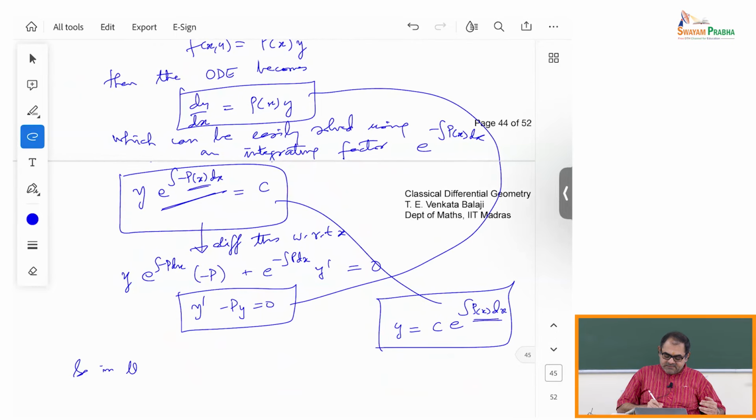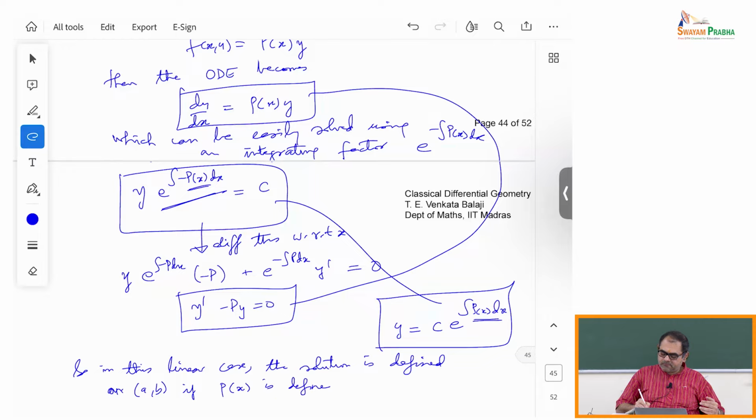In this linear case, the solution is defined on (a, b) if P(x) is defined and continuous on (a, b). The important thing is to get the solution on the whole interval.